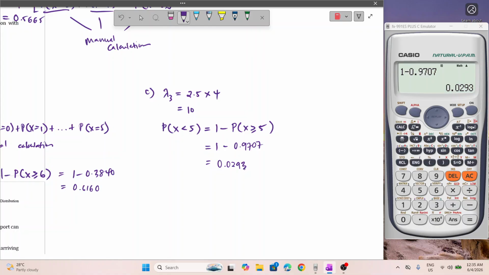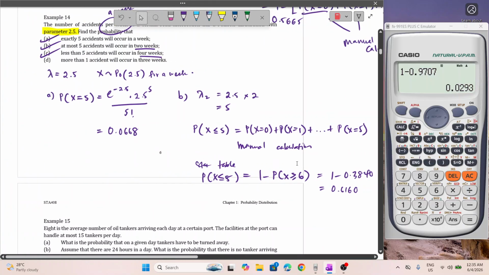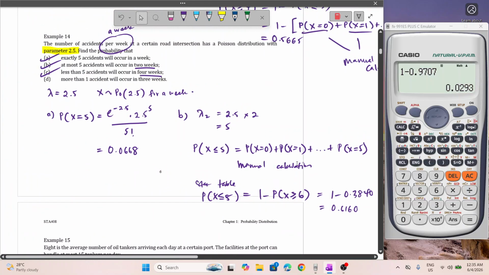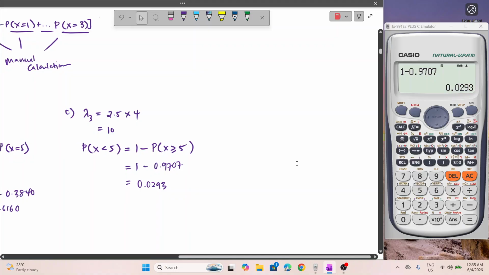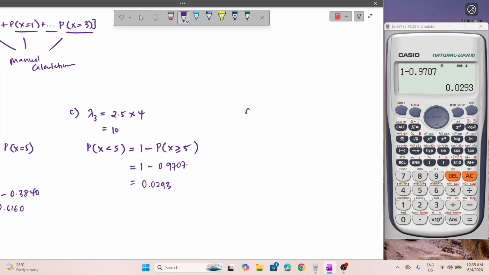Right, and the last one, D, more than one accident will occur in 3 weeks. So the same thing, you just need to find the new lambda, but this time the mean number of accidents that will occur in 3 weeks. 2.5 times 3 is equal to 7.5.